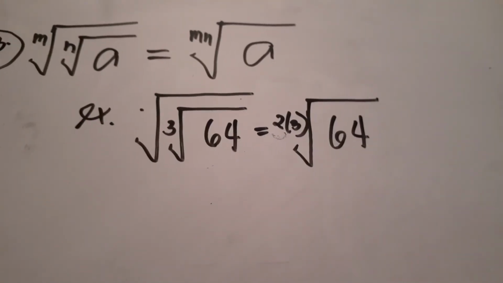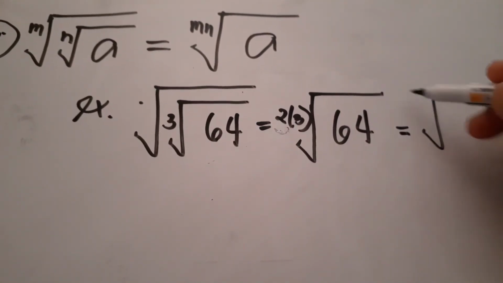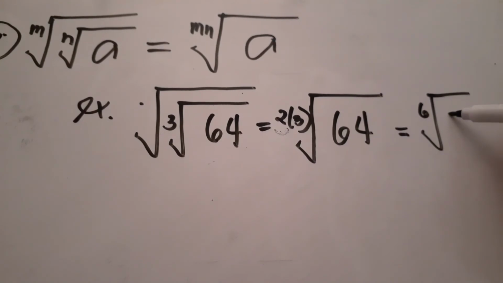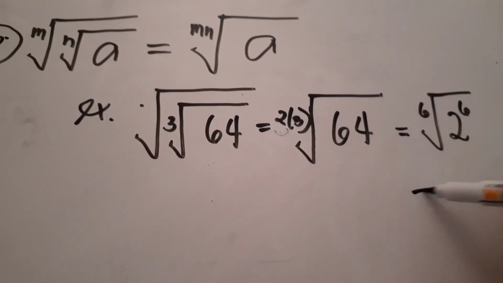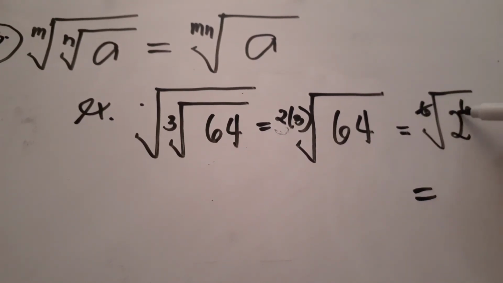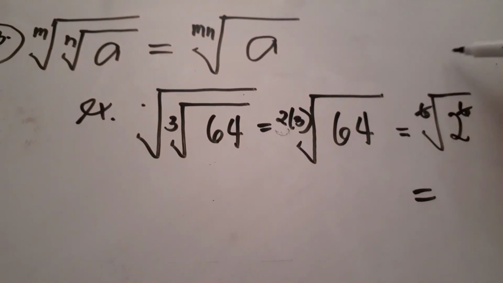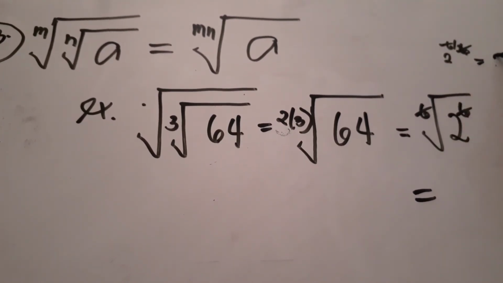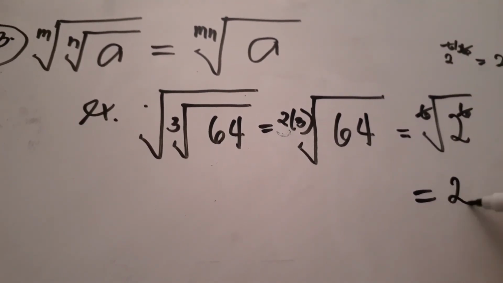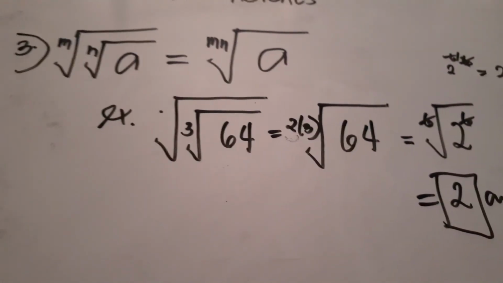So 6 is our index, and the radicand is 2 to the 6th power, because 2 times 2 times 2 times 2 times 2 times 2 is 64. And we can roll out from under the radical, which is 2, and this is the answer.